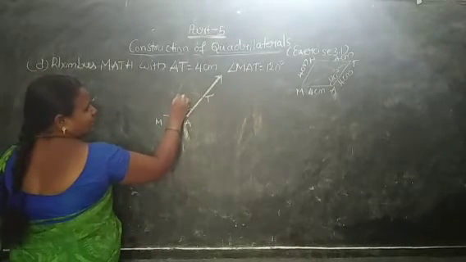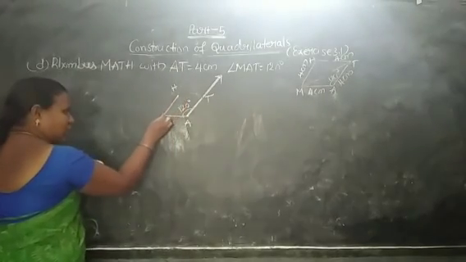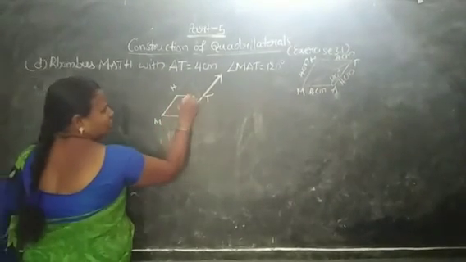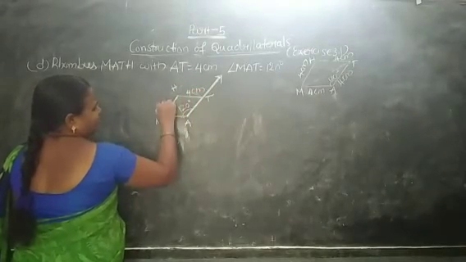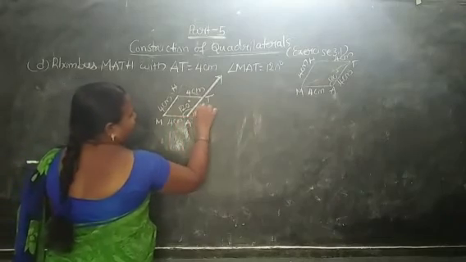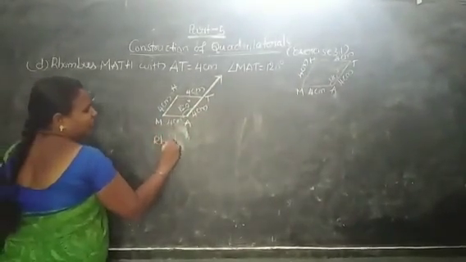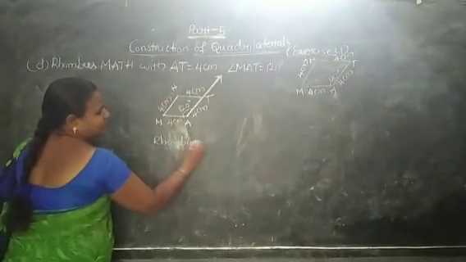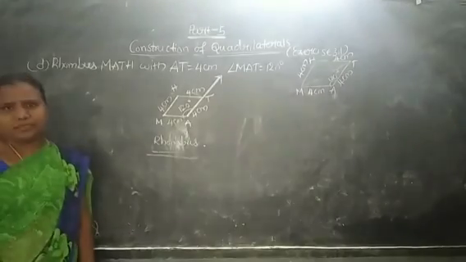Okay, this intersecting point is H, and join MH, TH. These are the sides of 4 centimeters each. And this is our required rhombus.